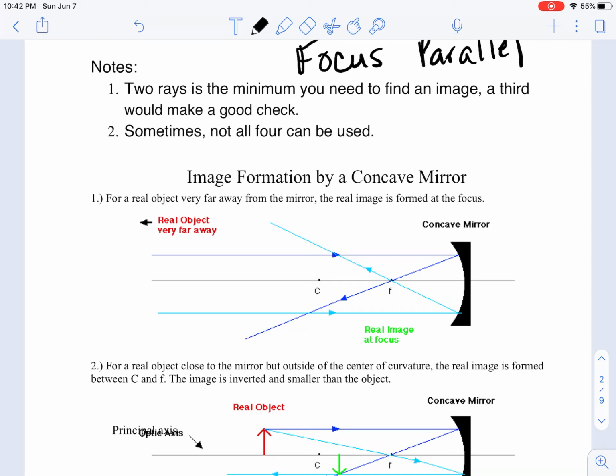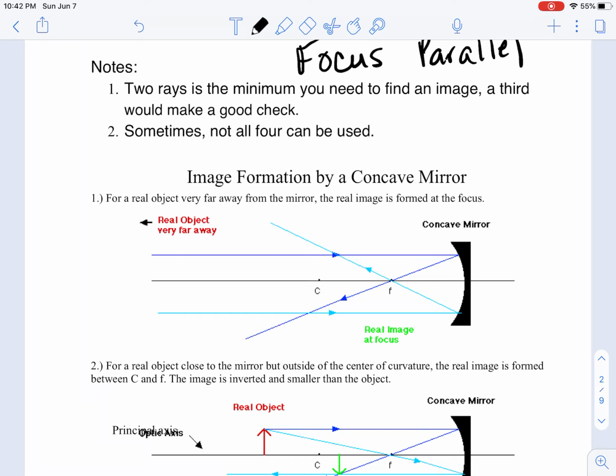Okay, so images that are formed by a concave mirror. There are different options for how that image is going to look depending on where the object that is being reflected is. So, it was very simple for a plain flat mirror. All you did was take your angle of incidence and reflect it and get your angle of reflection.